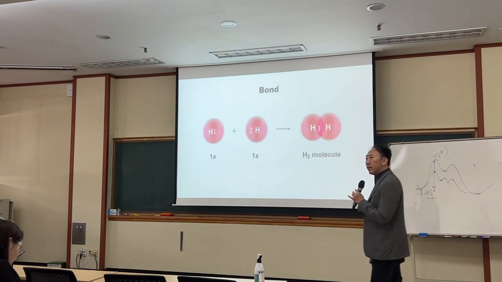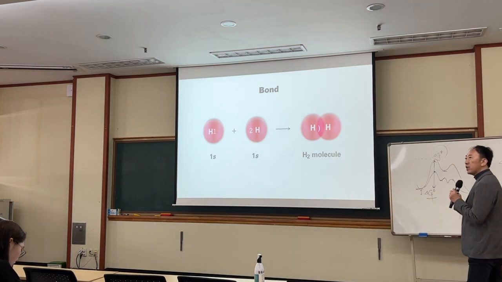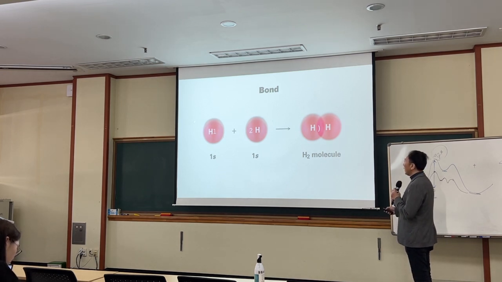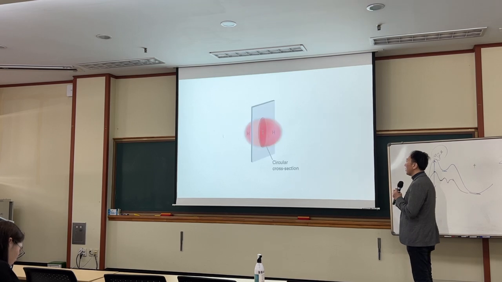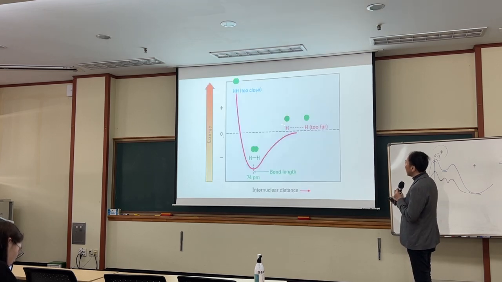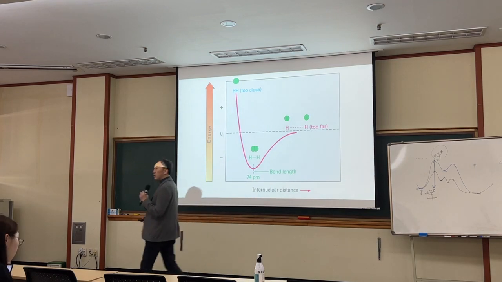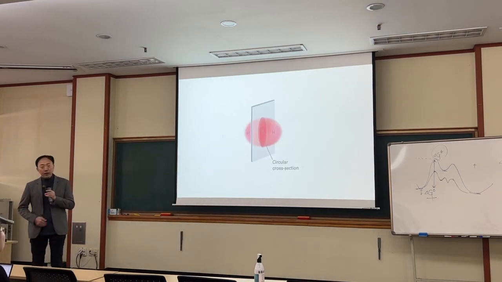So using these electrons, we started to form bonding. In this case, one electron and the other electron come together and share a similar space, and when they come together, there is an optimum distance. This is the nature of bonding.